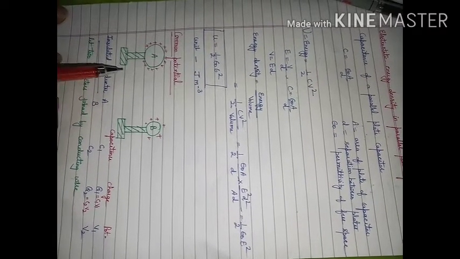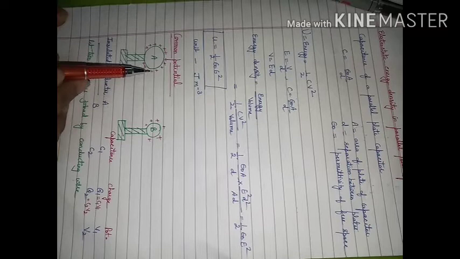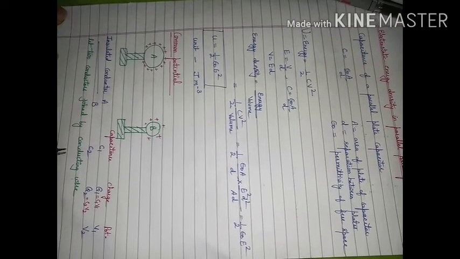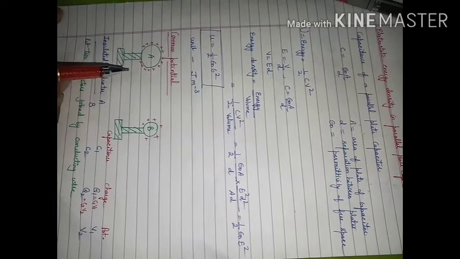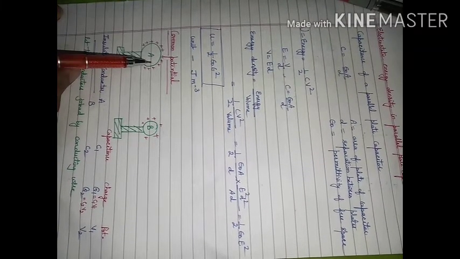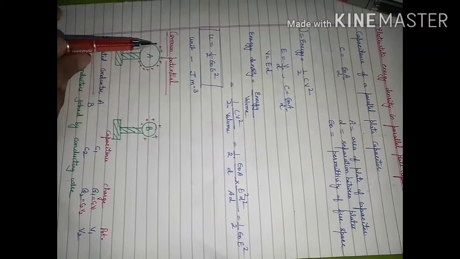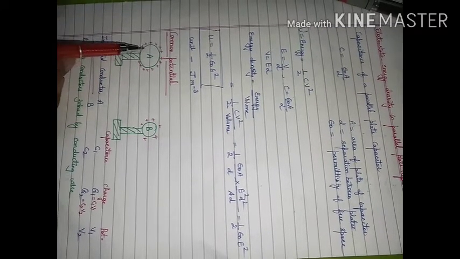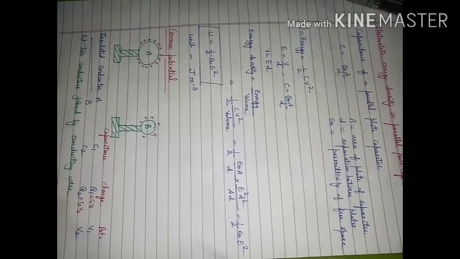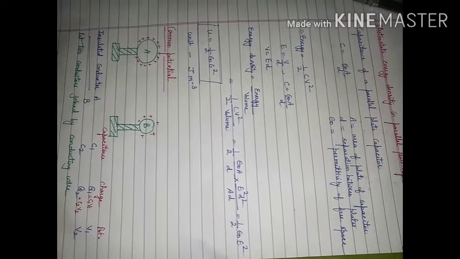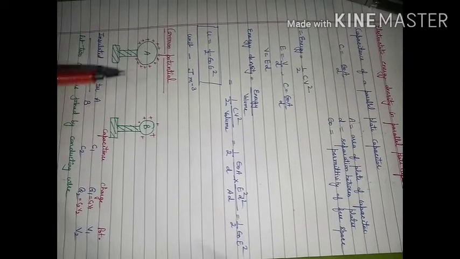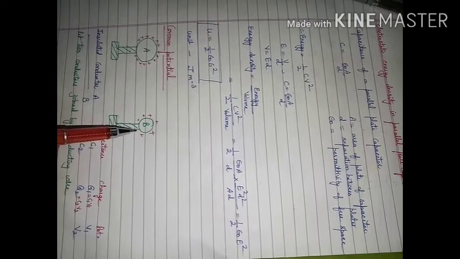It means we have not considered any sort of connection between them. Before connecting them by a conducting wire, capacitor A has charge Q1, capacitance C1, potential V1. B has capacitance C2, charge Q2 and potential V2. Here a difference of charge is there. This has more charge, this has less charge.